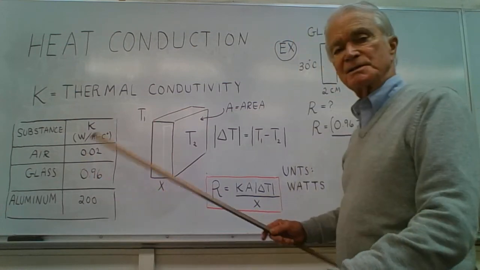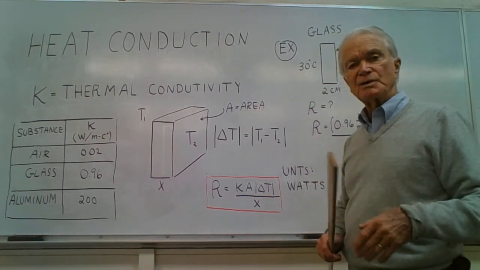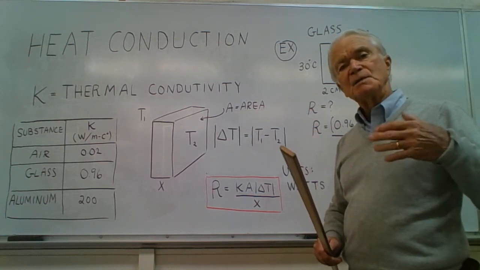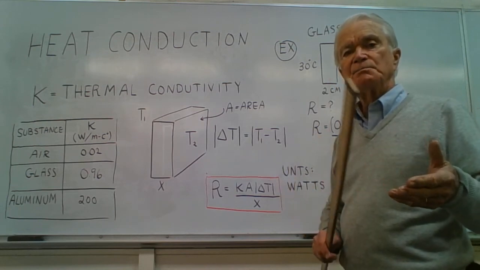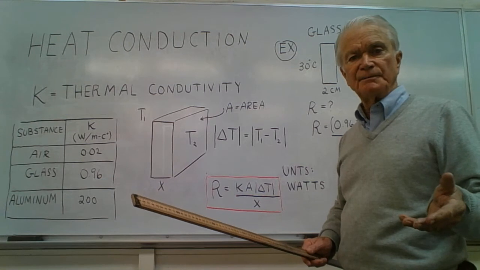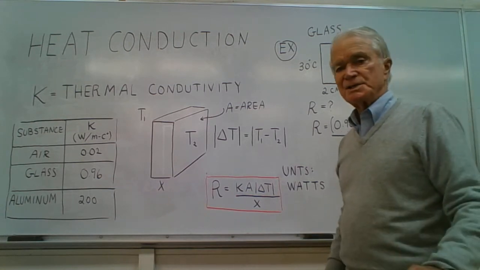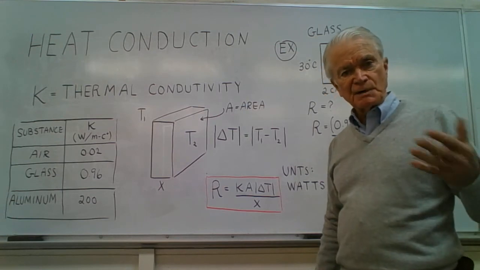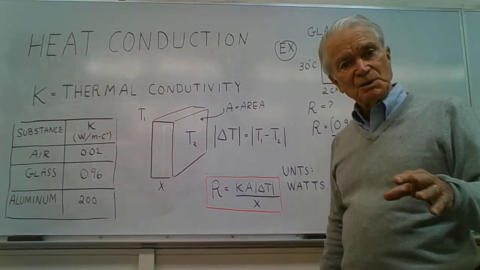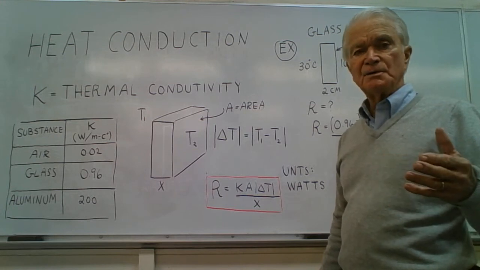Now, let's discuss the equation that one can use to calculate the number of joules per second that pass through a wall or a barrier. That quantity will be symbolized as R, standing for rate, the same symbol that was used in our discussion of infrared radiation.